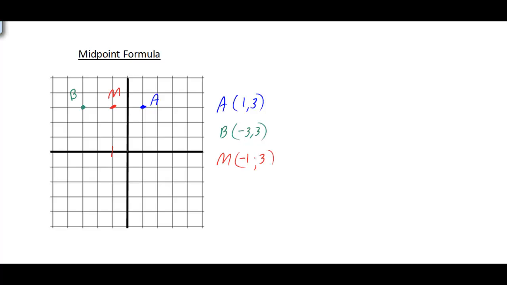Now that's nice if we have a horizontal line segment connecting A to B. But what happens if our points are located differently? Well, what have we actually done here? We're finding the midpoint, the center. The midpoint formula tells us that we take our x-coordinate and add it to the x-coordinate of the other point.